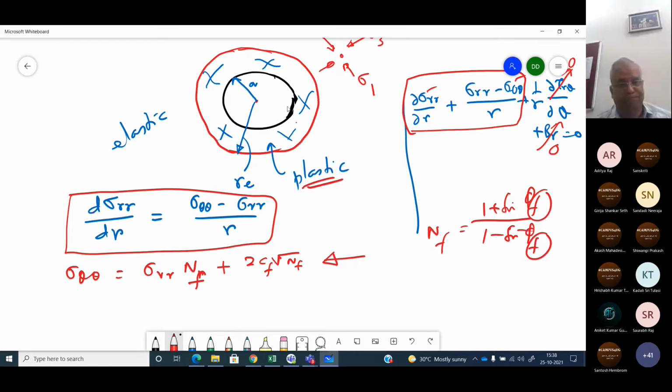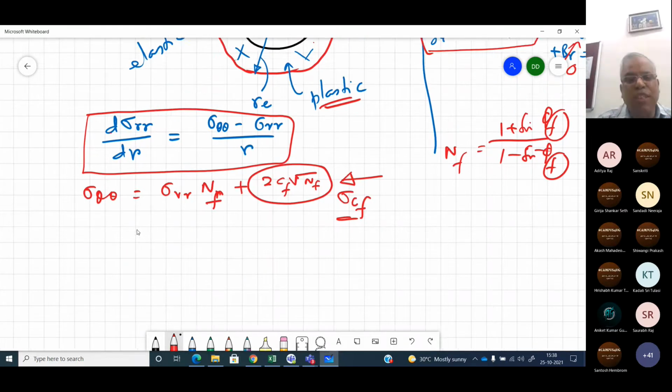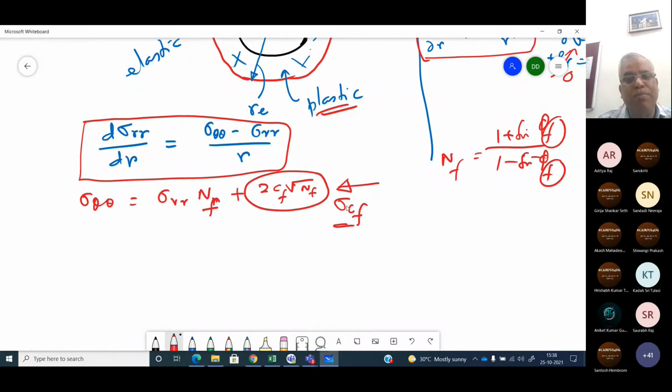So the property of the plastic zone is what it is referring to. And this is nothing but, we can say, sigma CF, that means compressive strength of the broken rock. Now Mohr Coulomb has already put that restriction here. So for the time being, I use sigma CF. I can also use this, but it's fine.